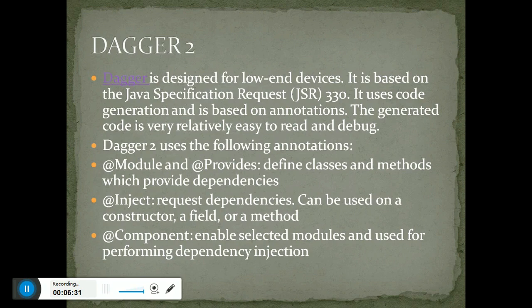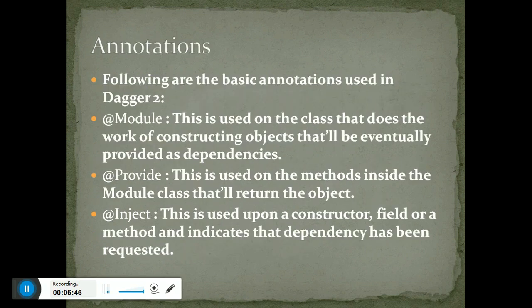Easy. And the module provides inject component singleton. These are the areas in which we have to work. These all are annotations for Dagger, and annotations like module are at the class level. I will describe practically where we use the module.